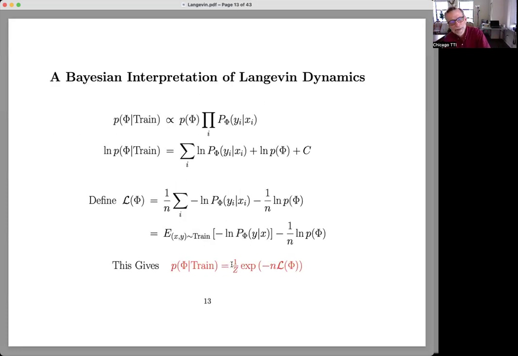Okay, so what does this have to do with stochastic differential equations? Stochastic differential equations are going to give us a way of running stochastic gradient descent. And we're going to get a theorem that stochastic gradient descent run in a certain way with a certain level of noise has a stationary distribution which corresponds to the Bayesian posterior. So this is mainly of theoretical interest, but Langevin dynamics has had some attention in deep learning.